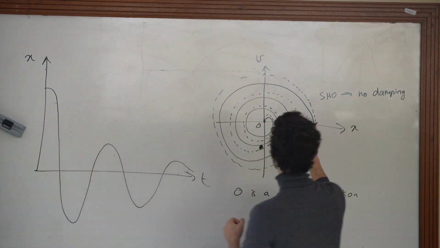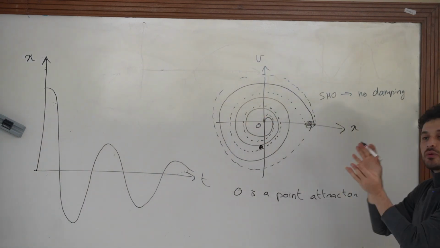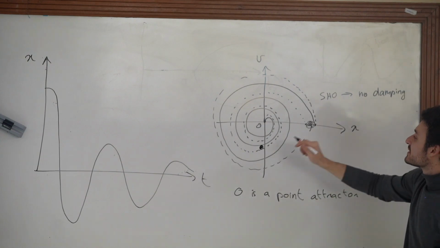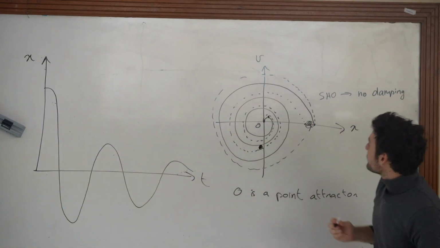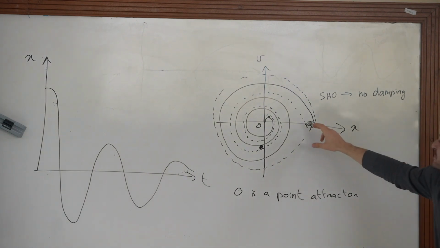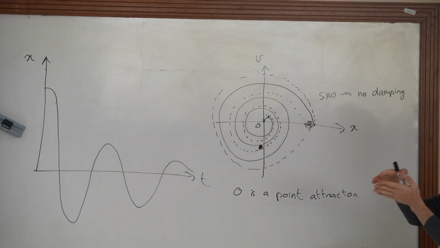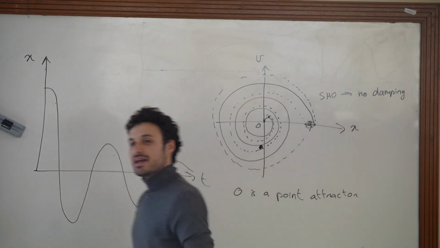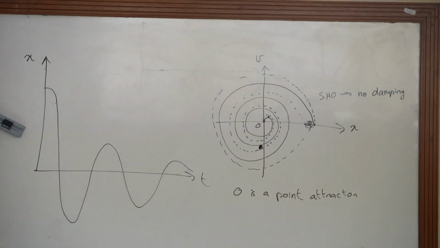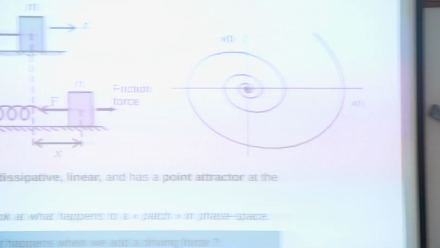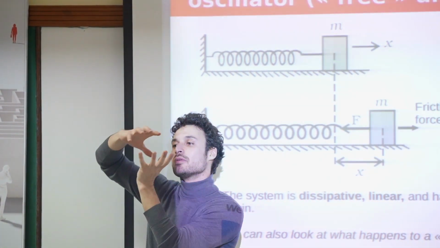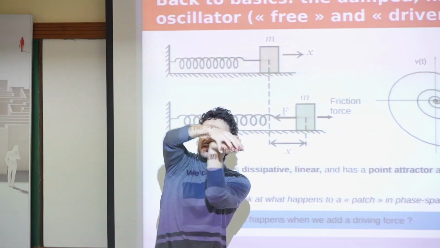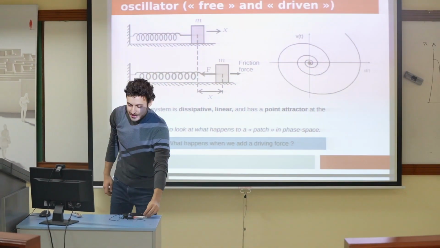So this patch, the difference between two neighboring orbits, becomes squeezed as you go towards the attractor. And this behavior is characteristic of dissipation, right? It means that two neighboring trajectories will come closer and closer until they reach the attractor. So you can imagine the difference getting squeezed as you circle round.